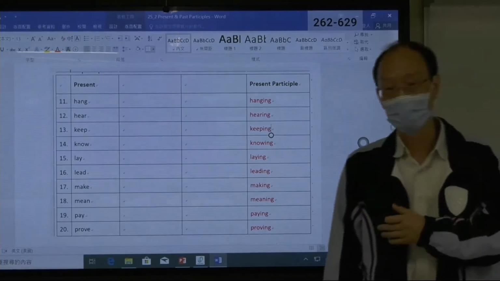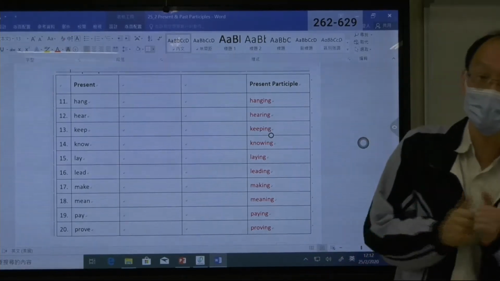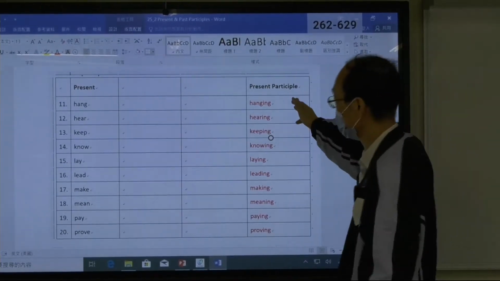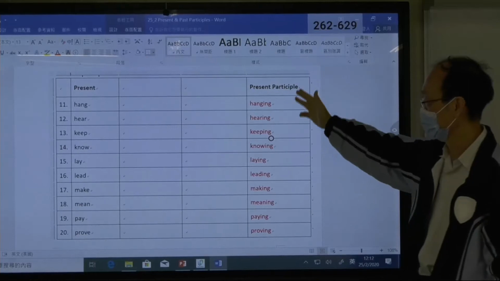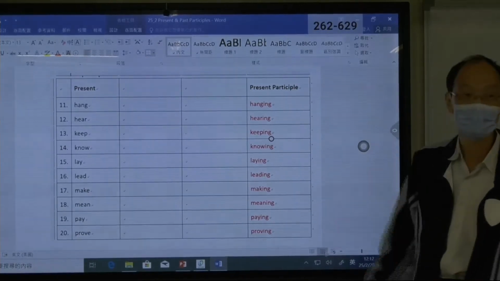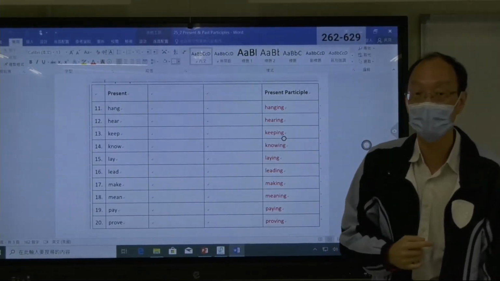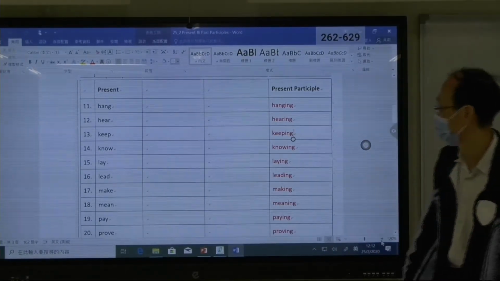Look at this column. You can see that it's very easy. You just add ing here, and you can form a present participle. A present participle here.